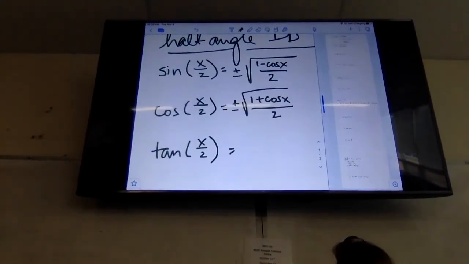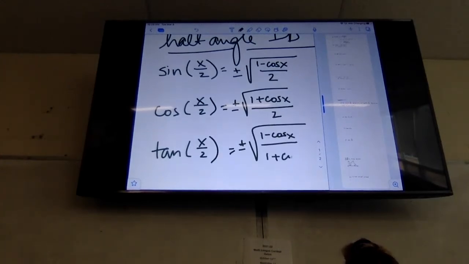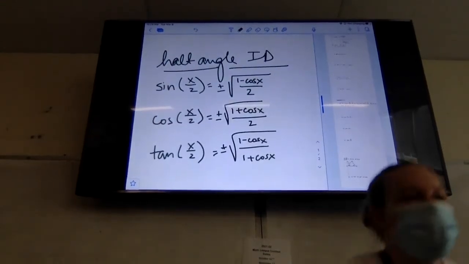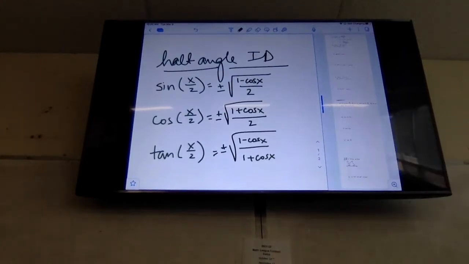And then tangent is a combination of them. It goes plus or minus a big radical, and it's going to have 1 minus cosine x on top and 1 plus cosine x on the denominator. So take a second, copy those down, take a picture if you need to. Those are the next things that we're doing.